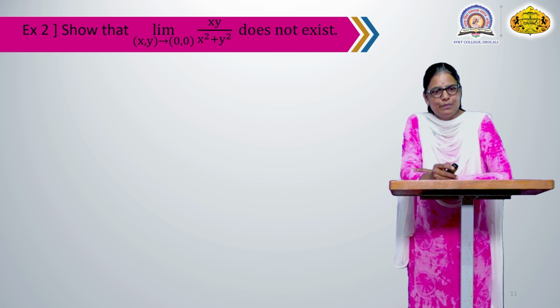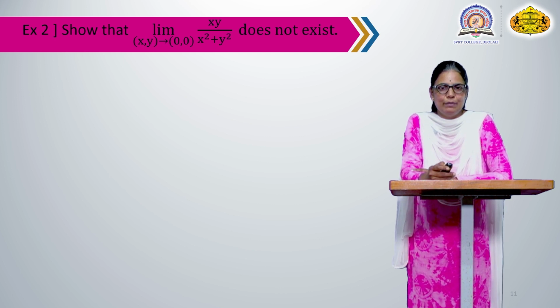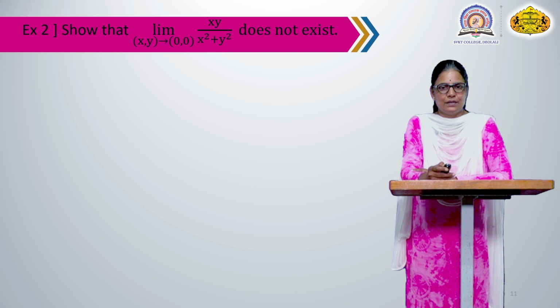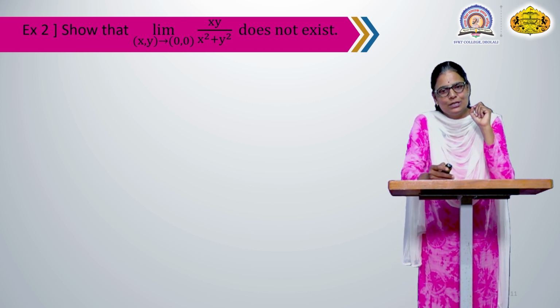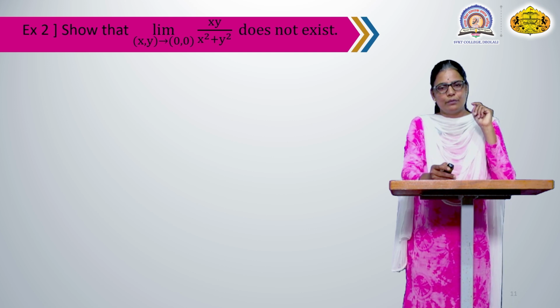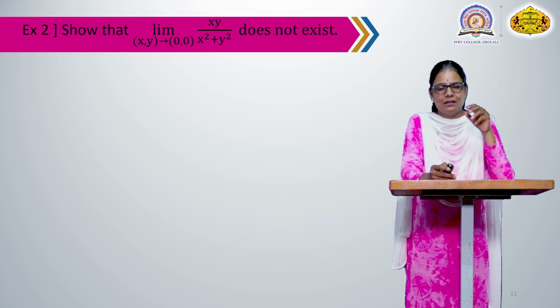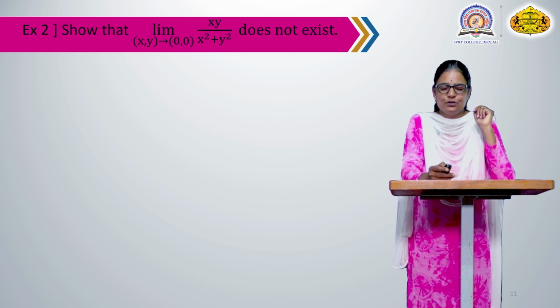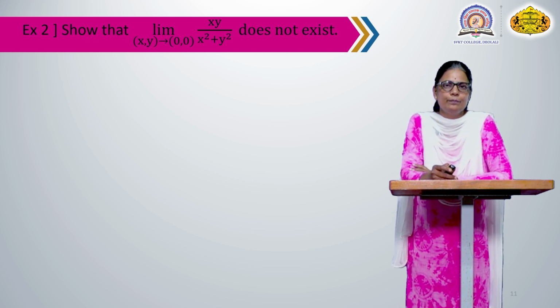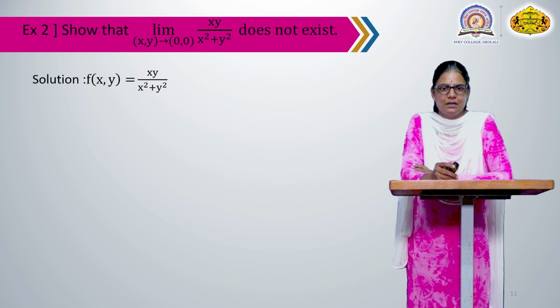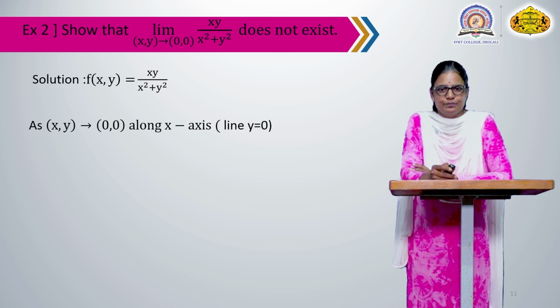The other example is, show that the limit of the function xy/(x² + y²) as (x, y) tends to (0, 0) does not exist. Again our point is the origin. The simplest paths approaching the origin are the x-axis and y-axis. So first we find the limit of the given function along the x-axis.